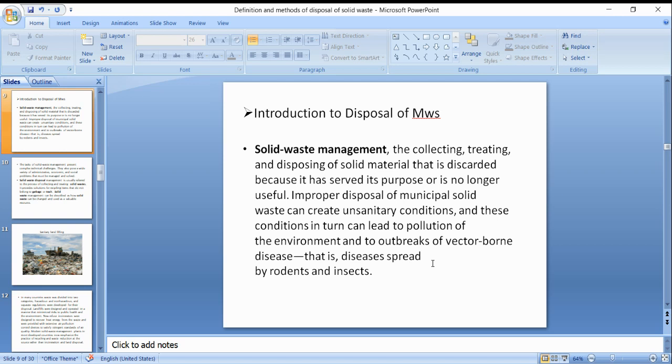Some animals, like rats, squirrels or mice, spread diseases.